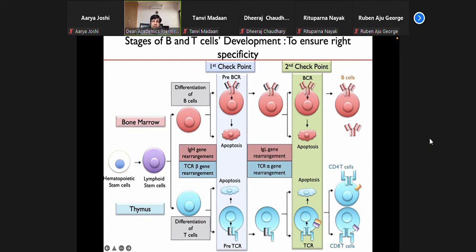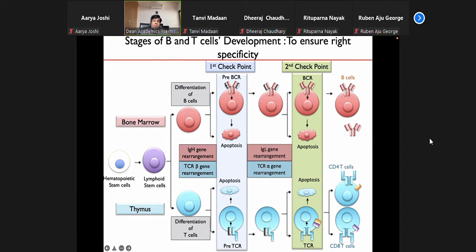The first thing that has to happen is rearrangement of the immunoglobulin heavy chain gene, right? If these cells fail to do it, obviously they are going to die, right? So let's say you have rearranged the immunoglobulin heavy chain. This will not come onto the surface of developing or differentiating B cells.